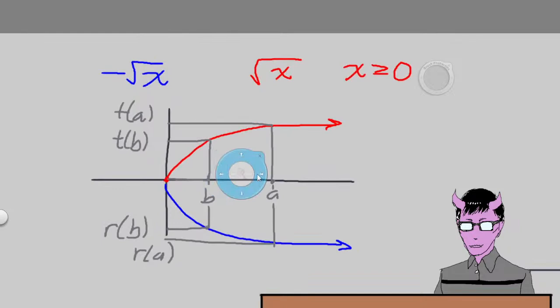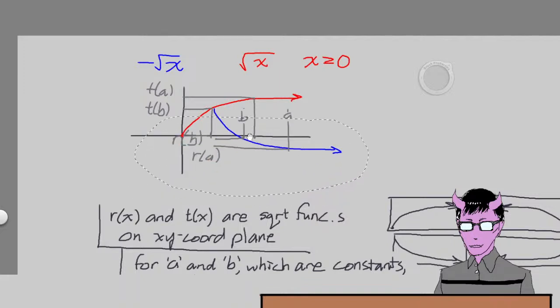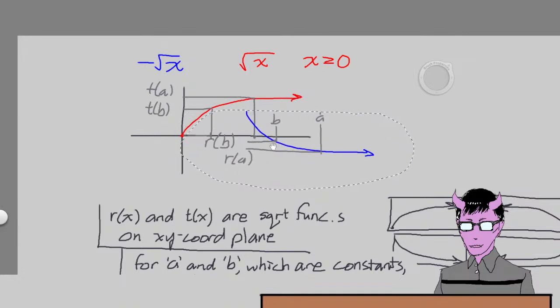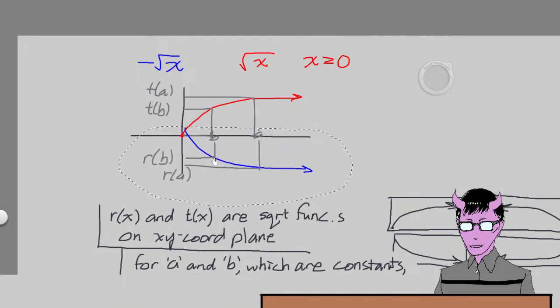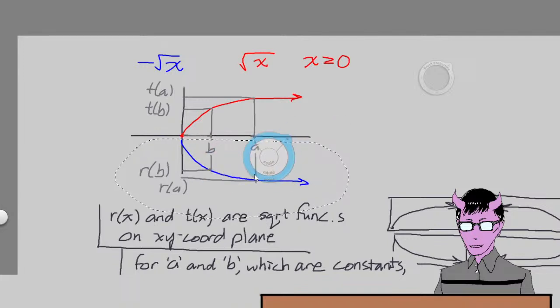Okay, so that's what we can sketch out, right? But here's the thing, though. If you take this one and think about what could potentially happen, you can create a situation where it is true.